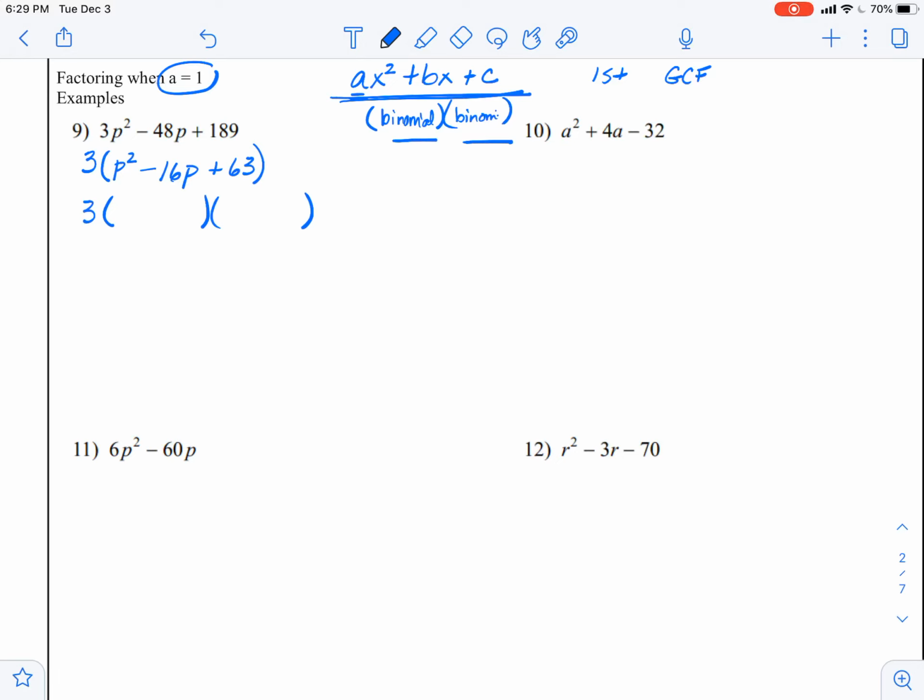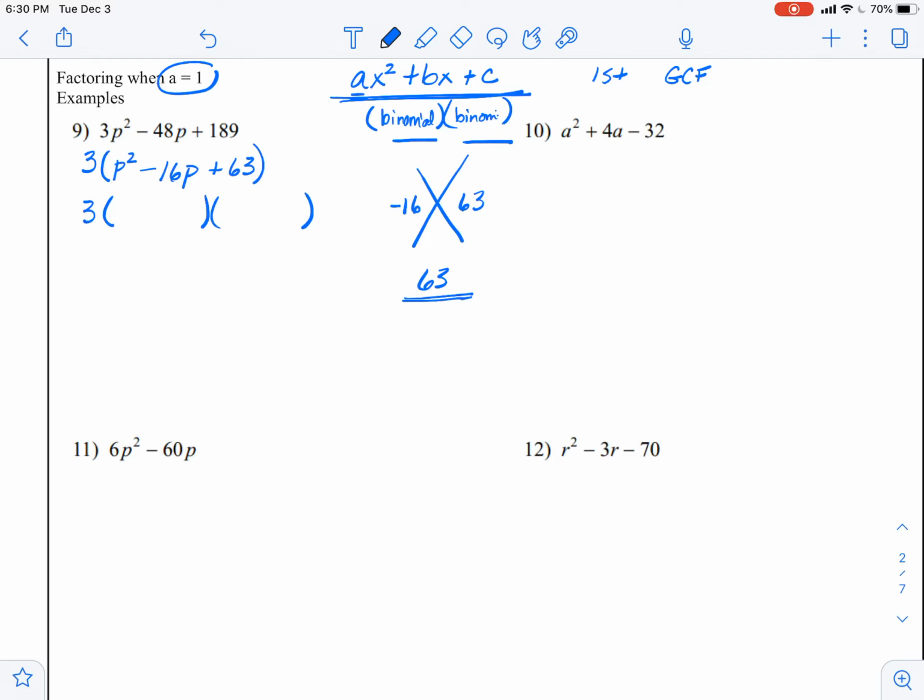And so what I'm going to be looking at is what are things that, and you can do this all different ways. Some teachers do an X. I just usually do it as a kind of a chart, but whichever way, if you're doing it as an X, you want factors that add to be a negative 16 and multiply to give you 63. Okay? Again, I just write my 63 down and I say, what are my factors of 63?